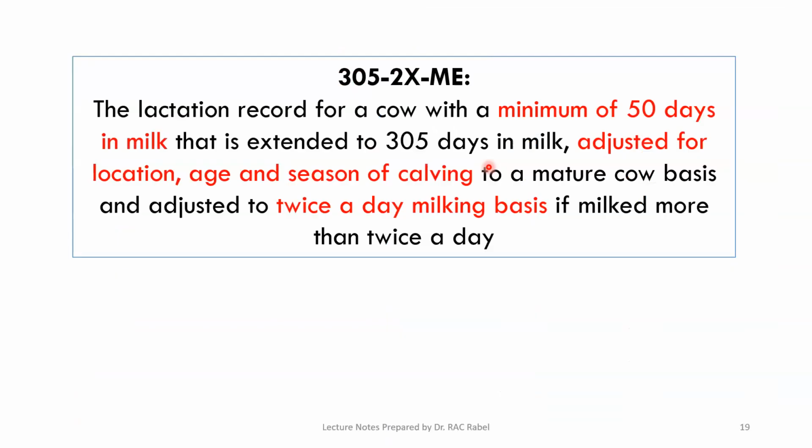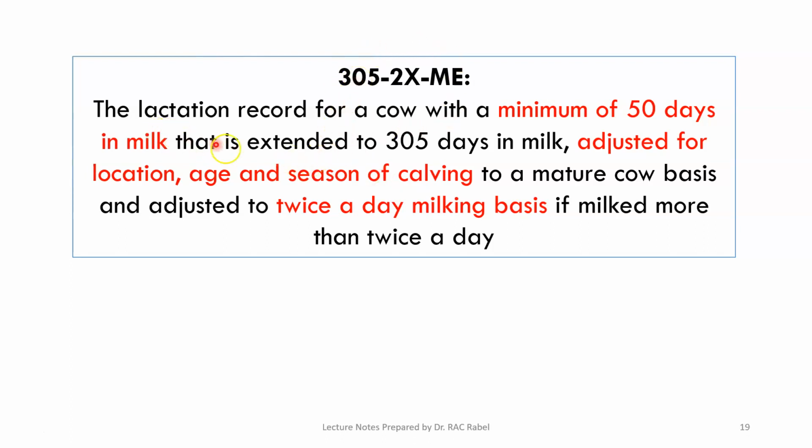That is why they have come up with this thing called 305-2X-ME, which stands for 305 days, twice a day milking, milk equivalent. So they standardize everything, whether they are milked once a day, twice a day, thrice a day, or whether they lactated 150 days, 200 days, 250 days, 300, 305, 400 days. They standardize everything into this.